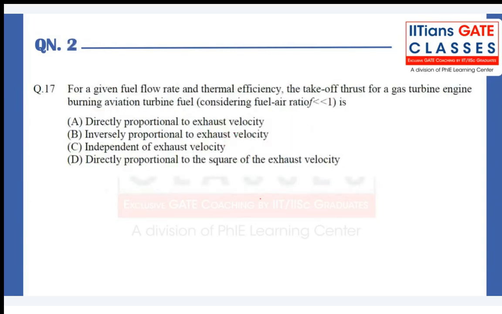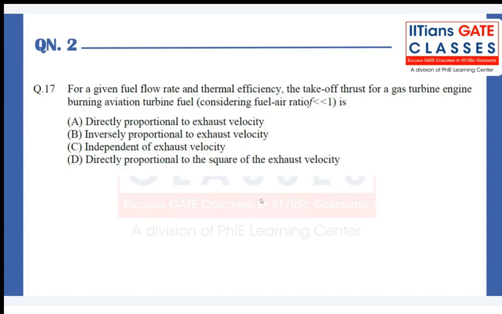For a given fuel flow rate and thermal efficiency, the takeoff thrust for a gas turbine engine burning aviation turbine fuel is a very tricky question, and there is no direct way to answer it, because the performance of a turbojet engine we usually do for a cruise condition or a design altitude condition, and this is an exemplary case where they are asking during the takeoff.